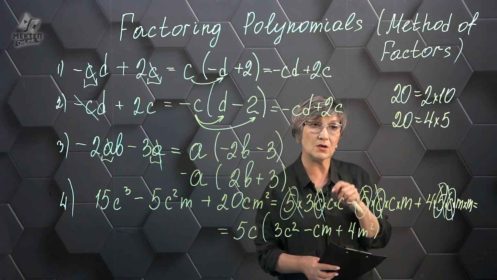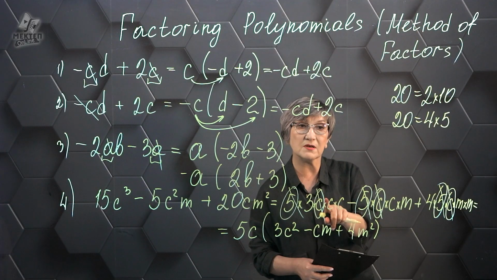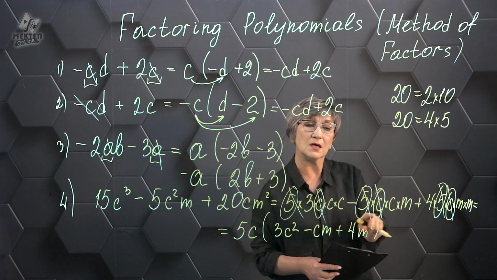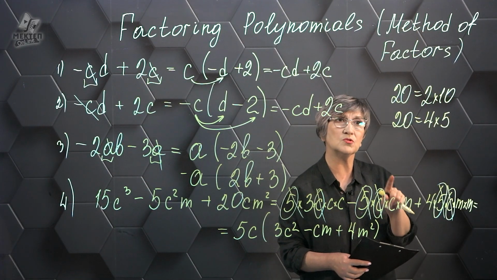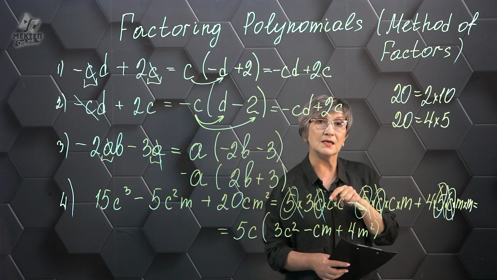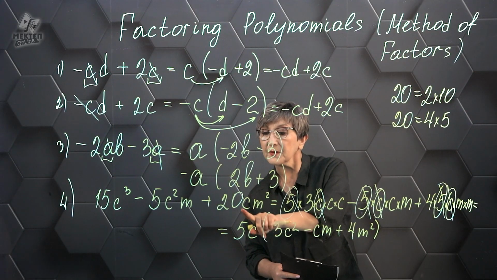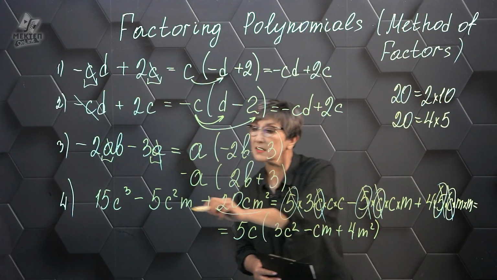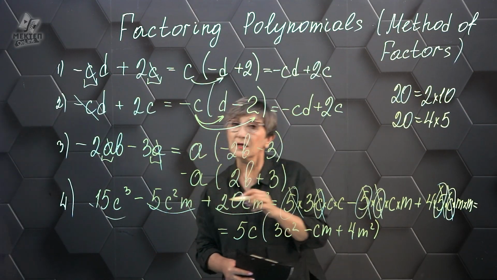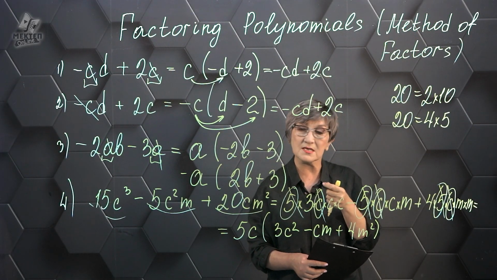But, as you can see, we were expanding a variable that was written to a certain power. c cubed, we wrote c times c times c. c to the second power is c multiplied by c, in order to find this common multiplier. But this is not a very convenient way. Please note that of the 3 terms, I chose the variable to the least extent.